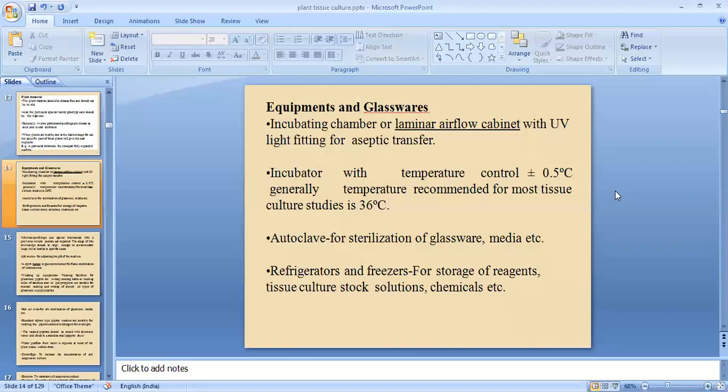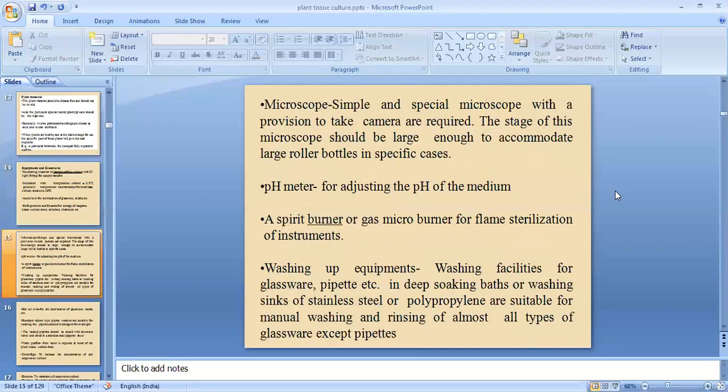And you need refrigerators and freezers for the storage of reagents, tissue culture stock solutions, chemicals, etc. You should also have a microscope to observe the cell characteristics. The microscopes may be simple or special microscopes with camera fittings, okay, to take photographs.